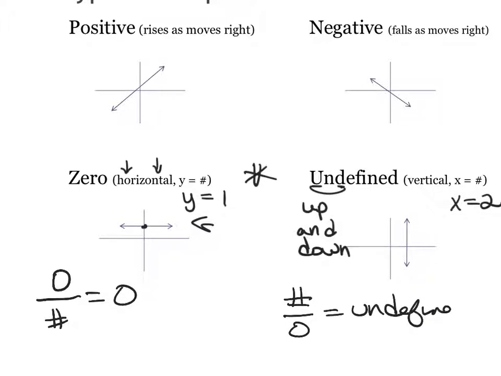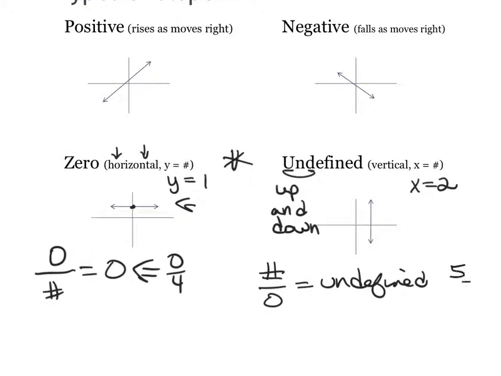So when I'm asking you to calculate the slope from 2 ordered pairs, you need to simplify those fractions. If you leave it like 0 over 4 and don't tell me that that equals 0, you're going to lose points. Over here, let's say you got as your answer 5 over 0, and you didn't tell me that that simplifies to undefined, you're going to lose points.